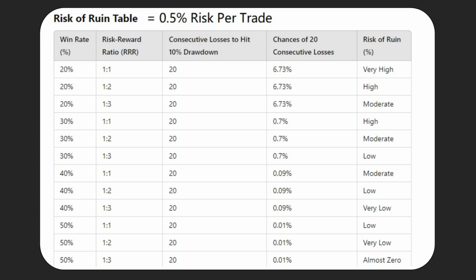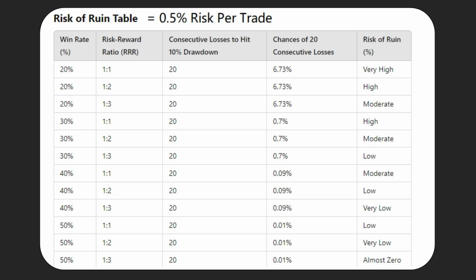For example, with a 20% win rate and 1 to 1 ratio, the chance of 20 consecutive losses is 6.73%, which you can see is pretty low, but that's not the important metric, right? The important metric right here is your risk of ruin percentage. Now, right here you cannot see the risk of ruin percentage, but it's showing you how much that risk of ruin is.